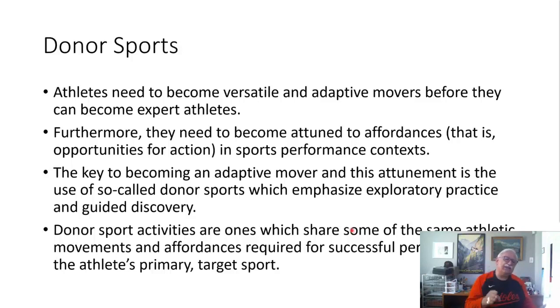So, athletes need to become versatile and adaptive movers before they can become expert athletes. Furthermore, they need to become attuned to affordances. An affordance is something that I notice that I can take advantage of in various sport performance contexts.